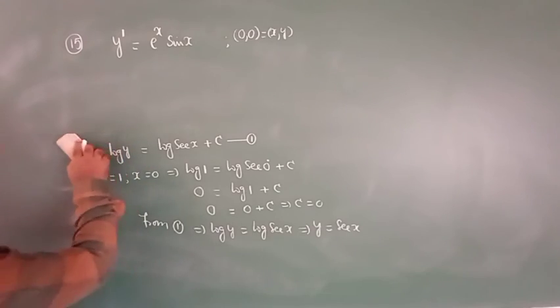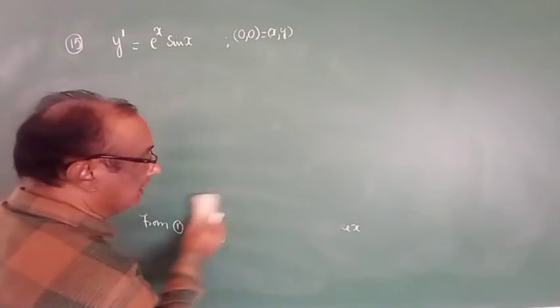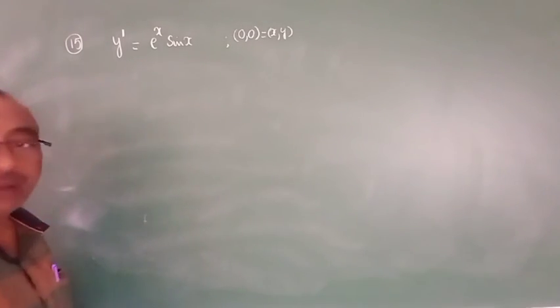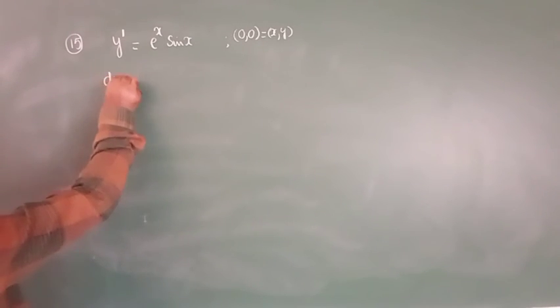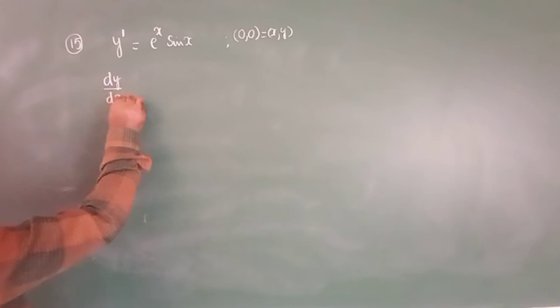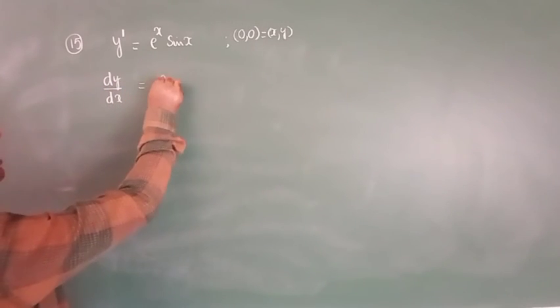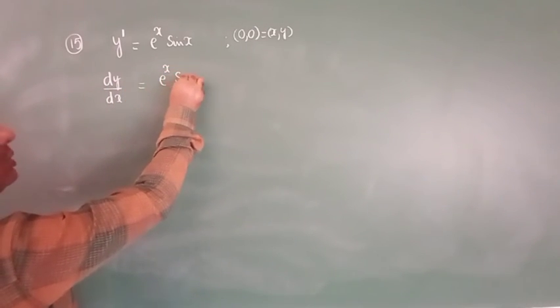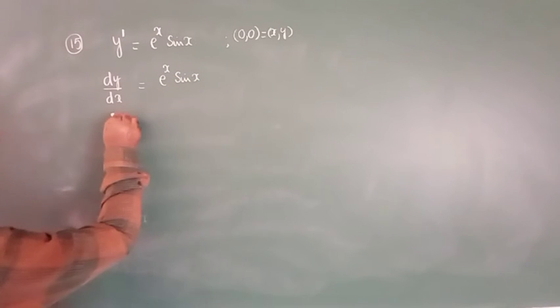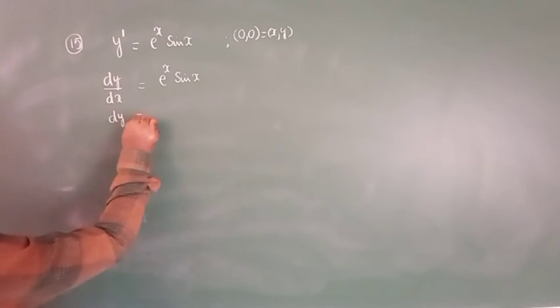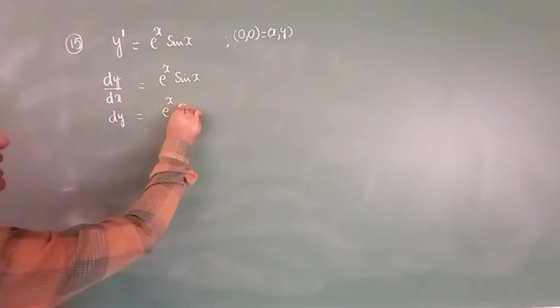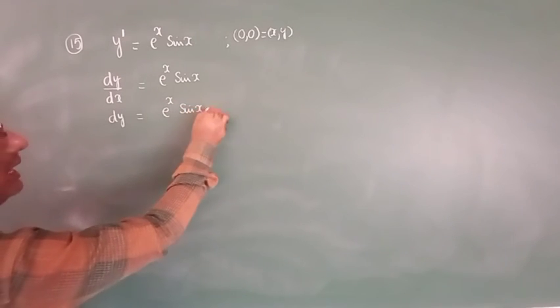Right, first, what is y dash? dy by dx is represented in different forms, so dy by dx, y dash, y1 is equal to e power of x into sin x. Cross multiplication: dy is equal to e power of x sin x into dx.